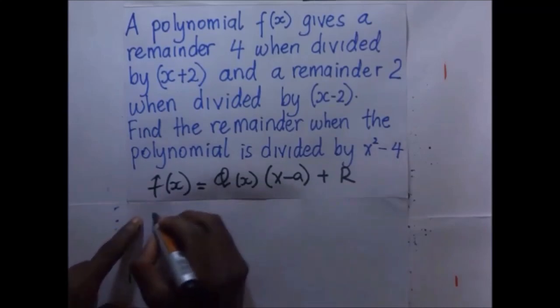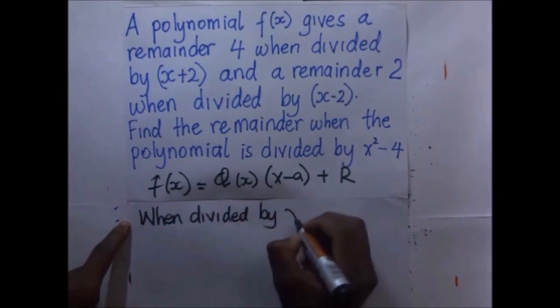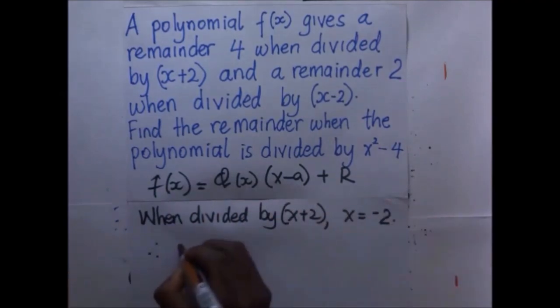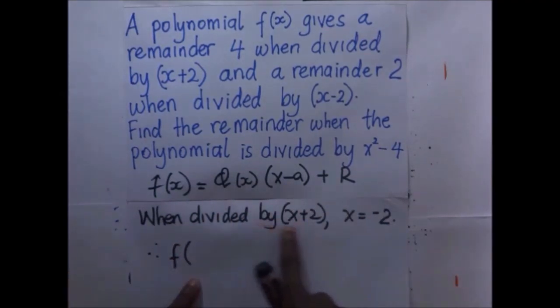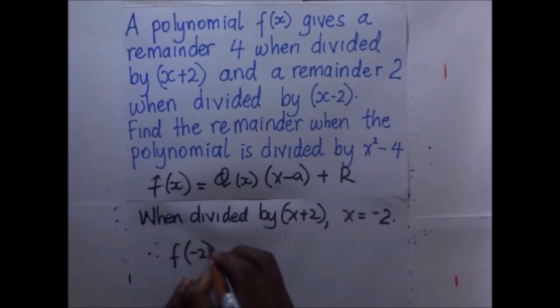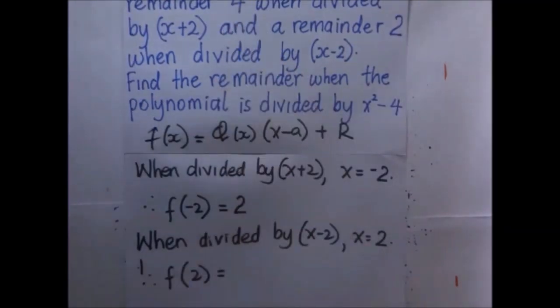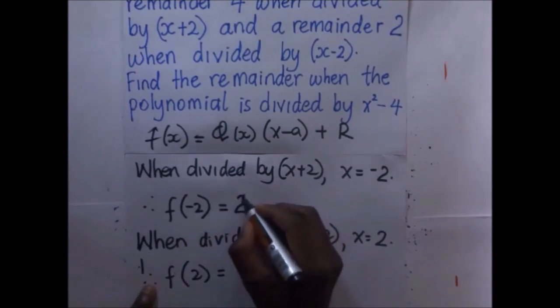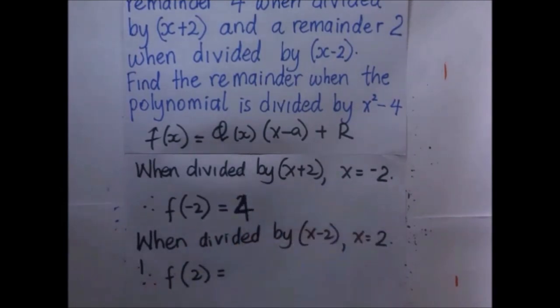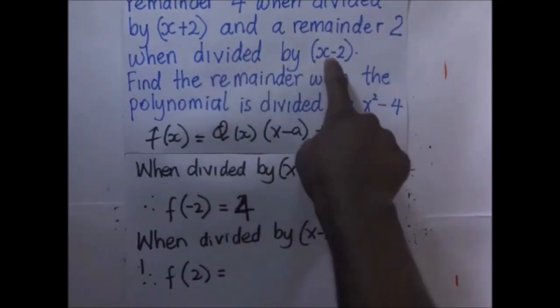So when it's divided by x plus 2, it means that x will be equal to negative 2. And when we put x equals negative 2 into that polynomial, our remainder is 4. And the remainder is 2 when divided by x minus 2.